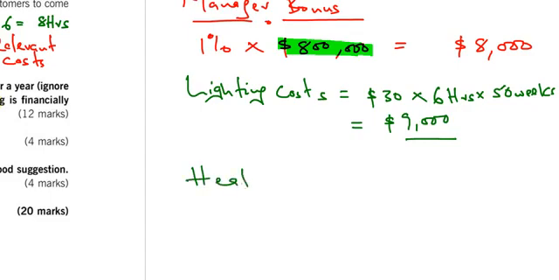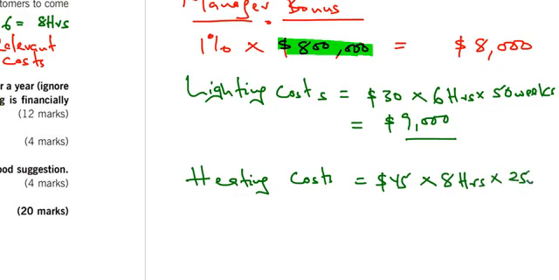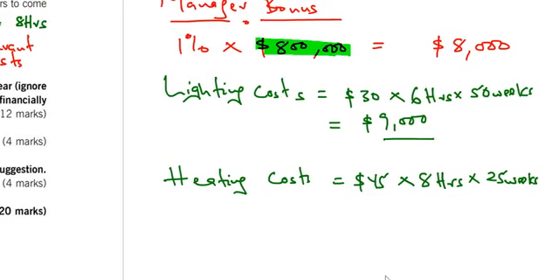The heating costs, remember the rate has been given to us: 45. The new time we've calculated is 8 hours, but it's going to be open for 25 weeks in winter. So this gives you 9,000.